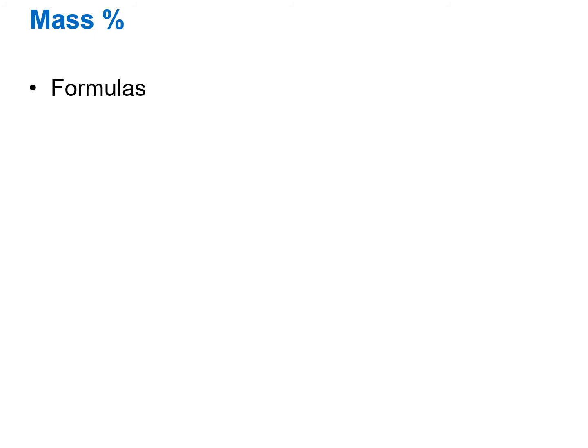All right, another thing that we need to deal with is mass percent. Now, formulas tell us a lot of things. Formulas can tell us about the type of compound we're dealing with. You know, what's in that first position, a metal or a nonmetal. That tells us if it's ionic or molecular.